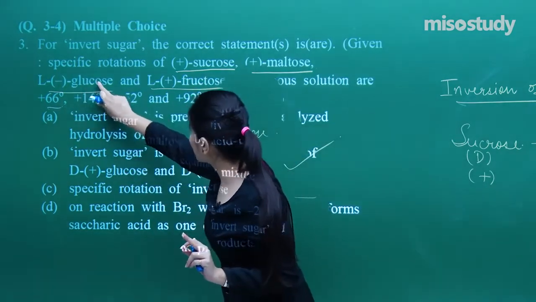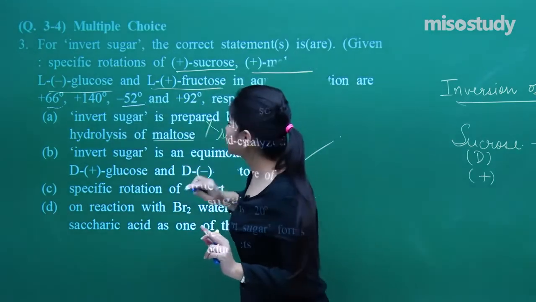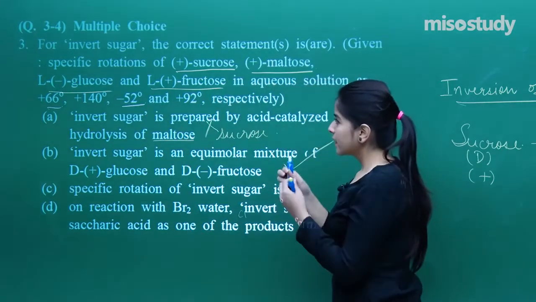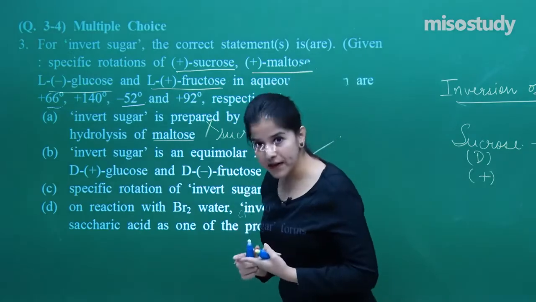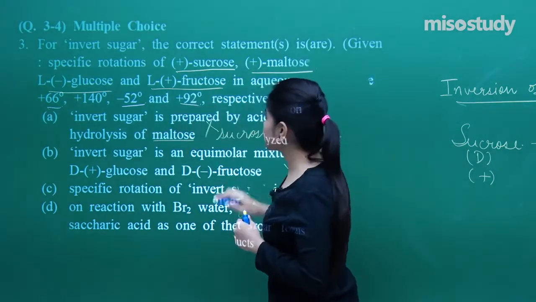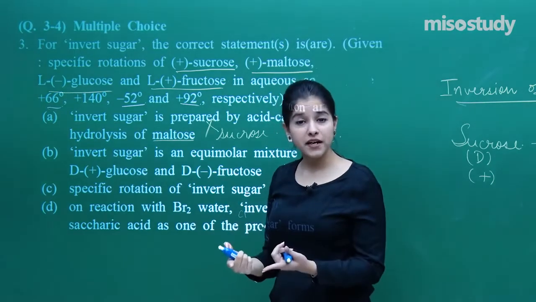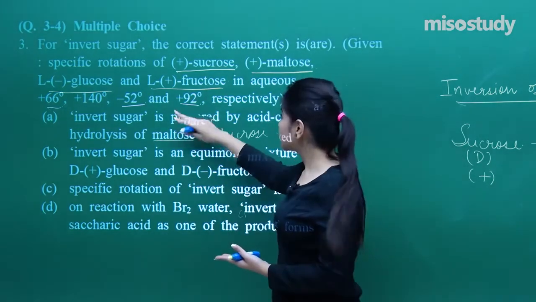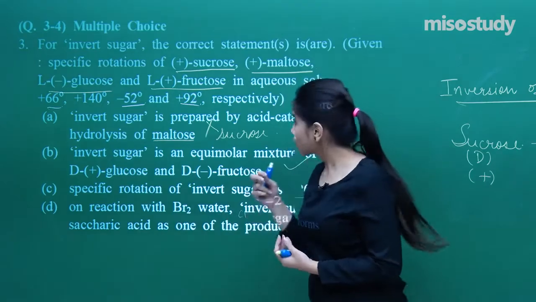L minus glucose is having minus 52, that means plus glucose will be having plus 52, and L plus fructose they have given 92. That means again I need to change its sign. So what will it be?